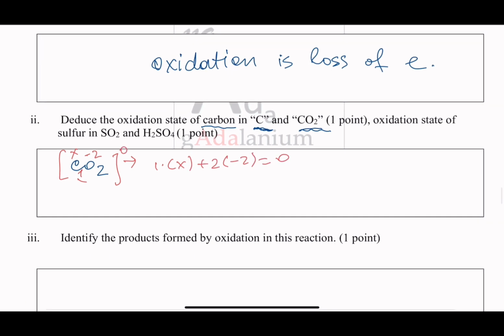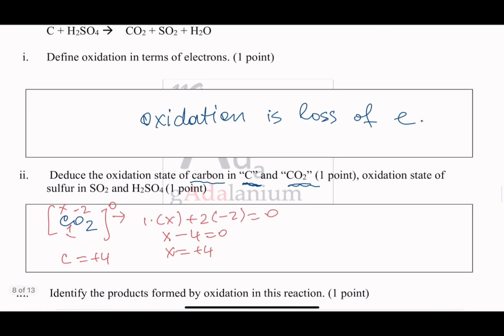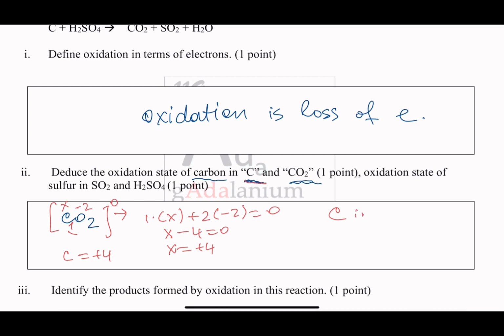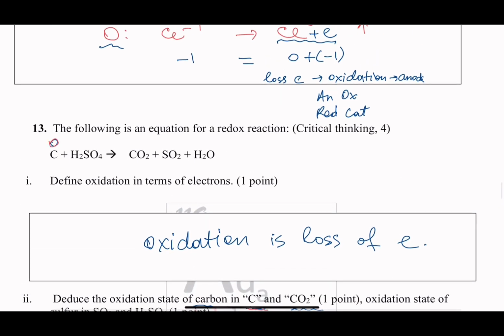Because there's nothing given on the charge, we add up to 0. X minus 4 is 0, X is plus 4. So in carbon dioxide, carbon is plus 4. And carbon in C is going to be 0, because element by itself is 0.